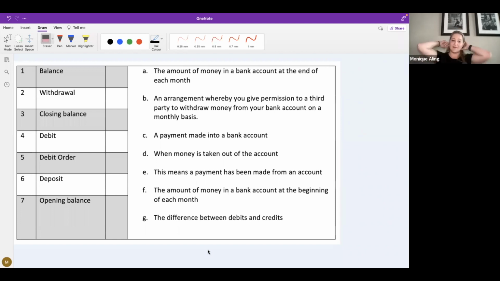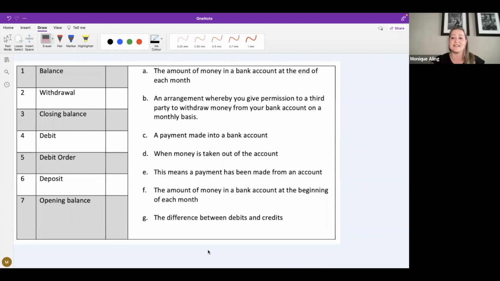You all got this one. Debit order is an arrangement whereby you give permission to a third party to withdraw money from your bank account on a monthly basis. So for example, Vodacom or MTN, Edgars, or any place that you have an account with, giving them permission to take the money that you owe them every month from your bank account, so you physically don't have to make those payments all the time.